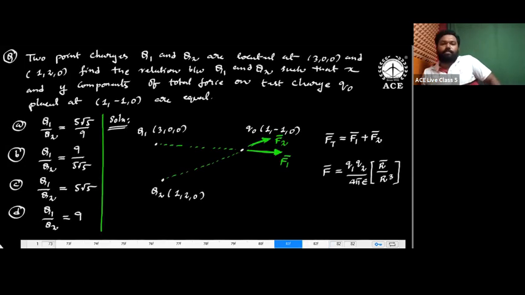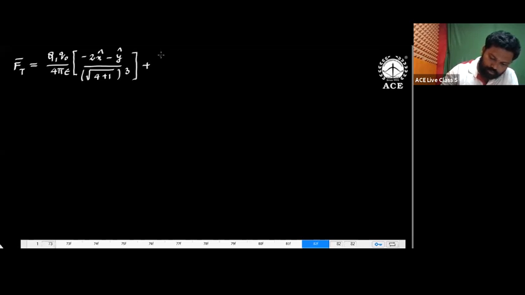What is the vector, beta? I want to find the force on Q0, this one due to this one. So here it is 1 minus 3, that is minus 2 x cap, minus 1 minus 0, that is minus y cap, divided by square root of 4 plus 1 whole cube, plus Q2 into Q0 divided by 4 pi epsilon.